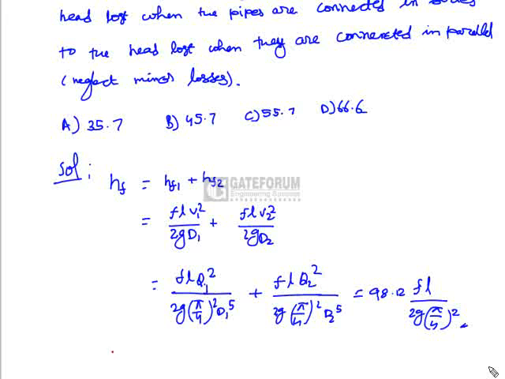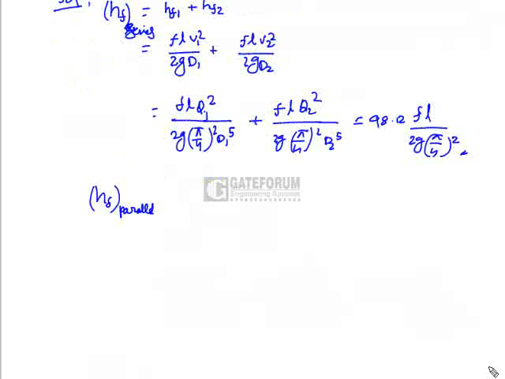Let us say this is H of series, and here the head loss due to the friction when they are connected in parallel is given by either the head loss in pipe 1 or in pipe 2, and the total discharge is equal to Q1 plus Q2.